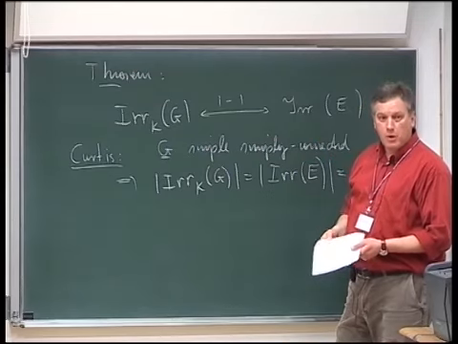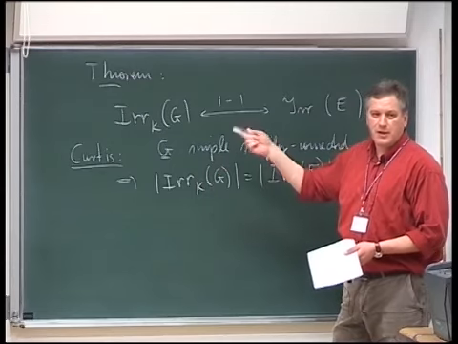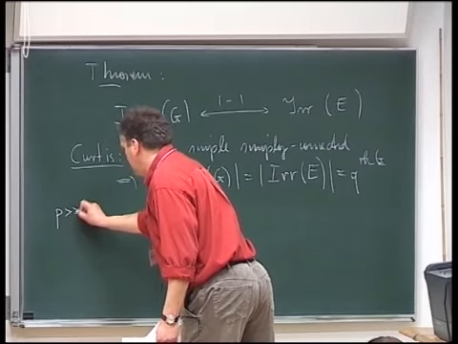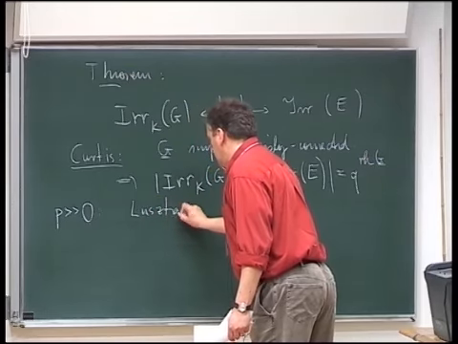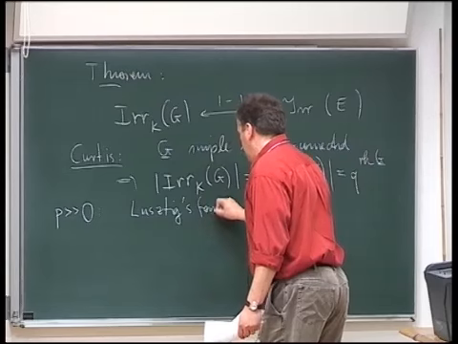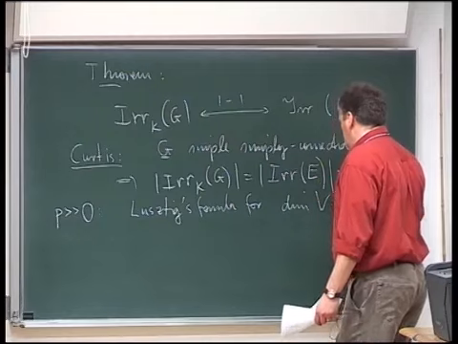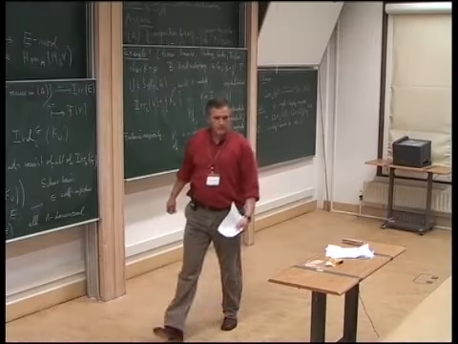As I said, this is how far you can get by just these methods. If you want to know more, like dimensions of irreducible representations here, things become more complicated. So the best that is known here is if p is large, then you have Lusztig's formula for the dimensions of these irreducible representations.